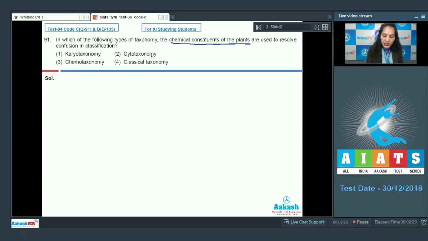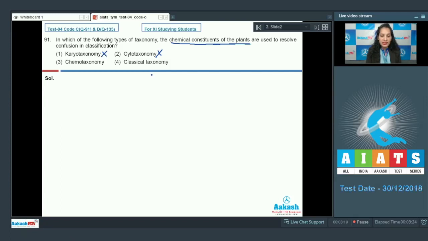Karyotaxonomy and cytotaxonomy both are the same taxonomies. The karyotaxonomy or cytotaxonomy is based on cytological information such as chromosome number, behavior and structure. So this taxonomy does not include chemical constituents of plants. So the first and second options are both ruled out as both are the same. Fourth, classical taxonomy. Classical taxonomy is the old taxonomy and it is the branch of science which is used to classify organisms.